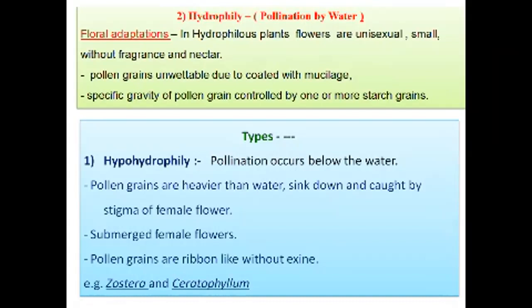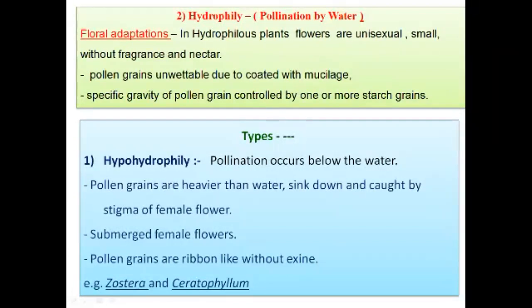Pollination that occurs below the water surface is known as hypohydrophily. Hypo means below. It occurs in some aquatic plants like Zostera, Ceratophyllum, etc. In these plants, the pollen grains are heavier than water.